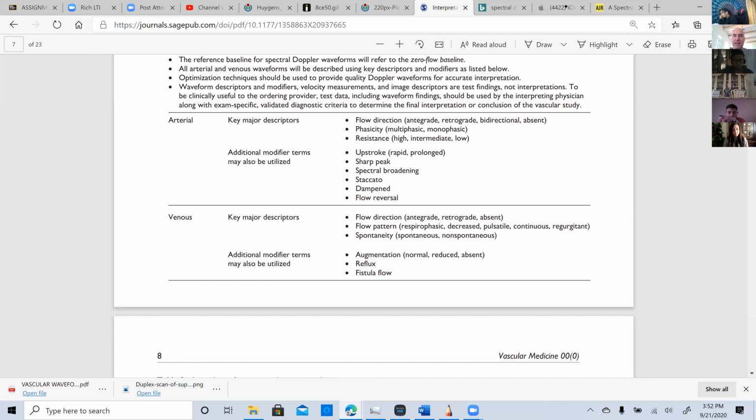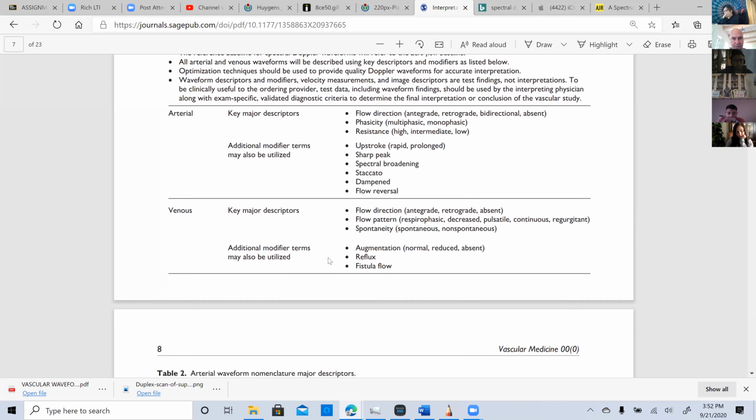Dampened, kind of the same as tardus parvus. Reversal. And then there's veins. It's a lot of the same things. Respirophasic, respiratory phasicity, decreased pulsatile, continuous, regurgitant, spontaneous, non-spontaneous, reflex, and all that.